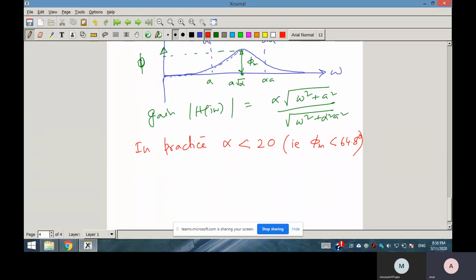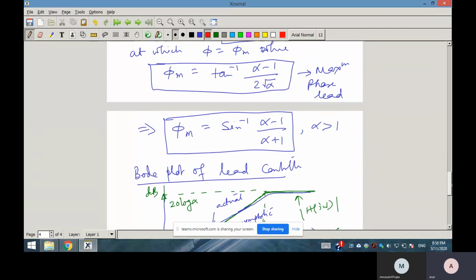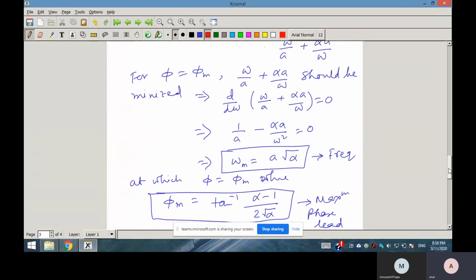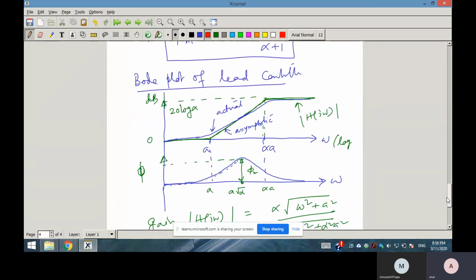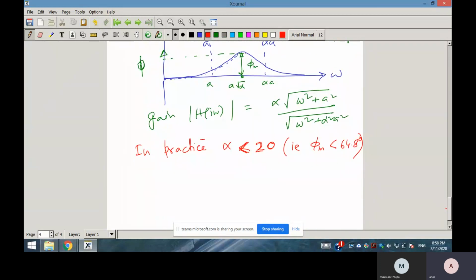So alpha less than 20 is allowed. If you make alpha much more, then the pole location of the controller will be far away from the imaginary axis, and it will be very susceptible to noise.